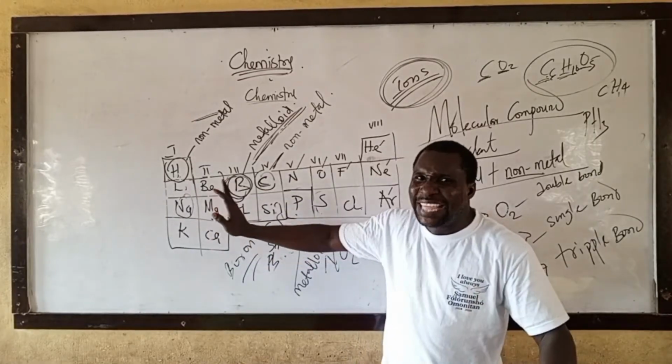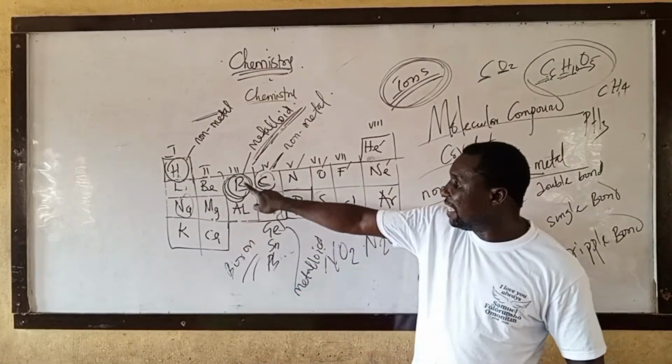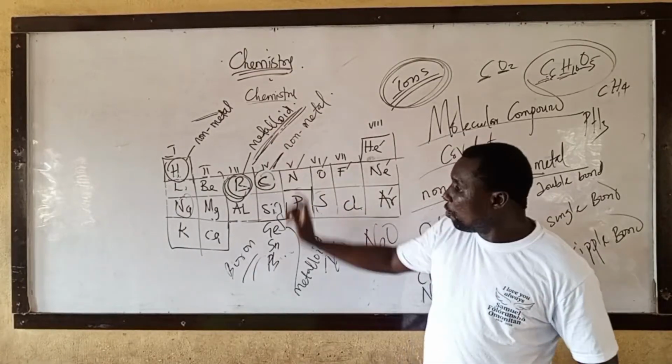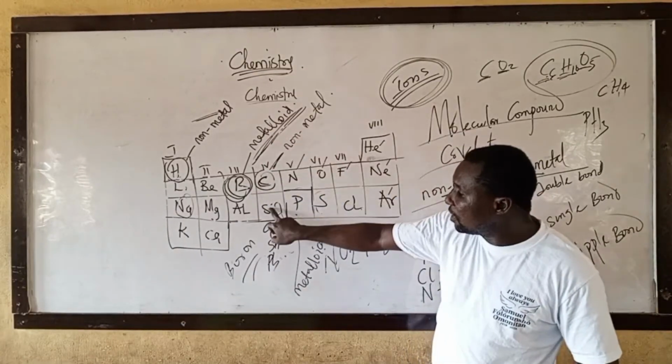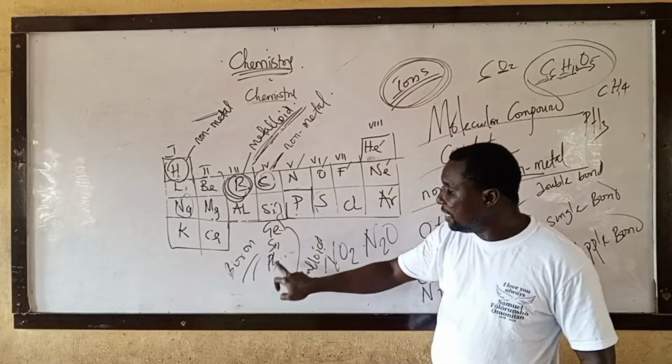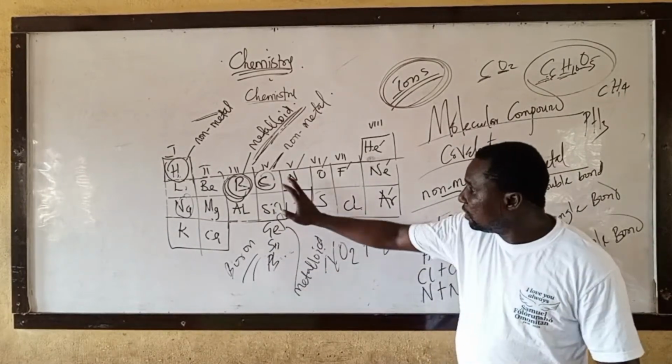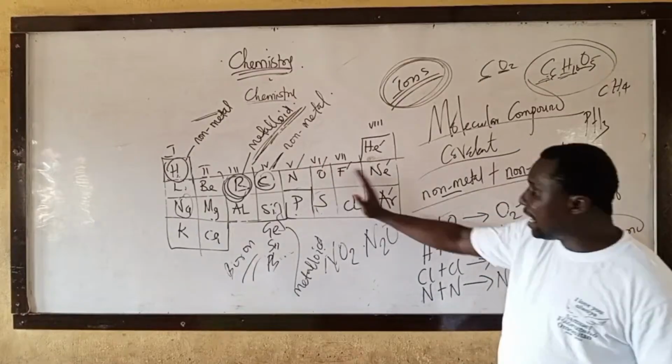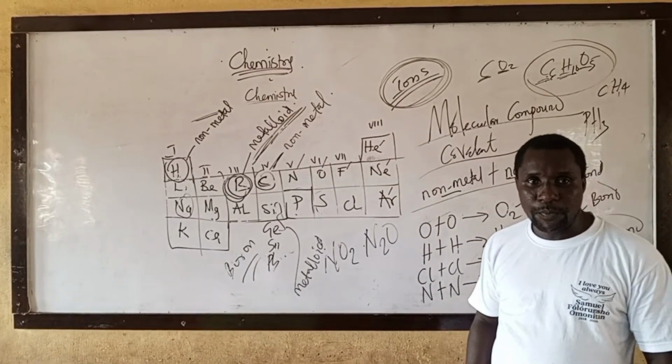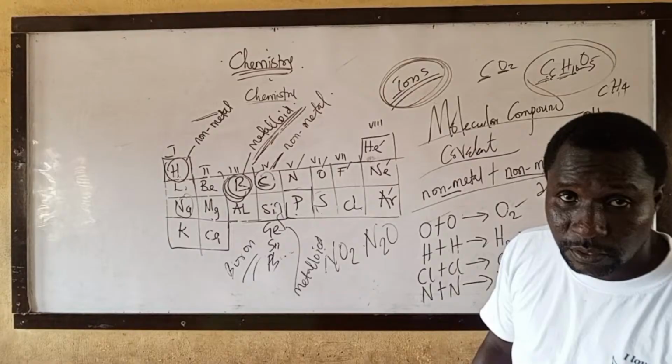Group 2 are all metals. Group 3 are all metals except boron, which is a metalloid. Group 4, carbon is a non-metal, silicon and germanium are metalloids, tin and lead are metals. Groups 5 and beyond are non-metals. Hope I've explained that. Thank you.